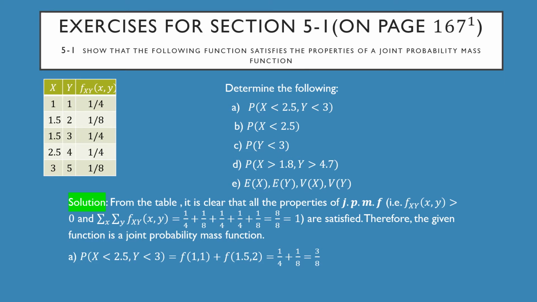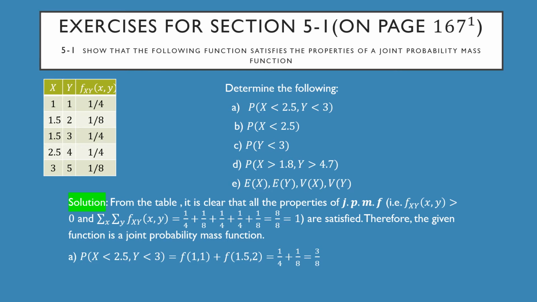The statement of the question is, show that the following function satisfies the properties of a joint probability mass function. The data for two discrete random variables and the value of the function is given in tabular form, and once you verify that the given function is a joint probability mass function, the second part is to answer the questions starting from part A until part E.